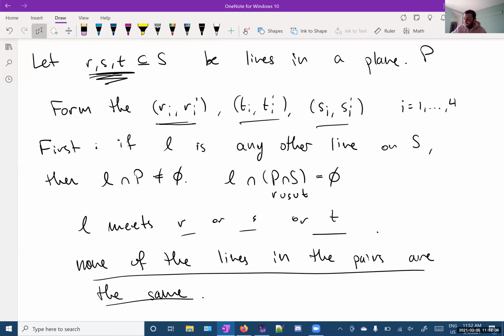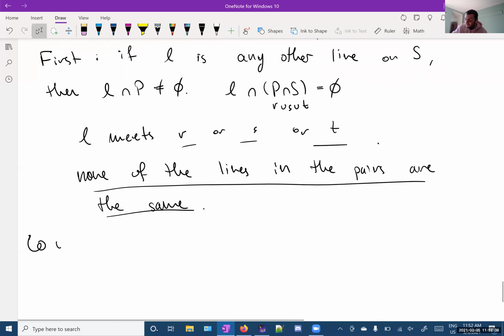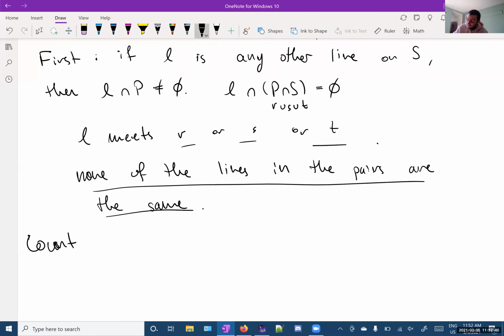And now we just have to count. Right? We have R, S, and T, that's 3 lines. And then we have our 4 pairs, so 8 of the Ri, 8 of the Si, 8 of the Ti. That's 3 times 8, which is 24, plus 3, which is 27.